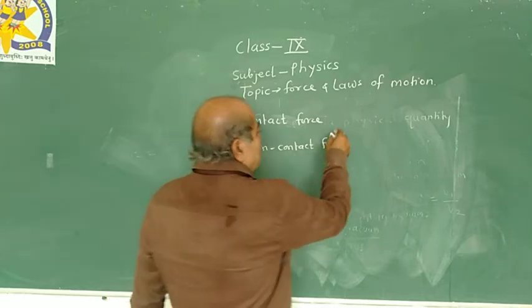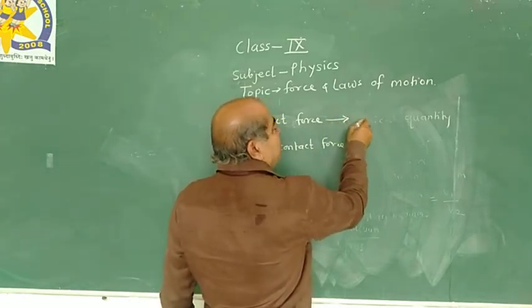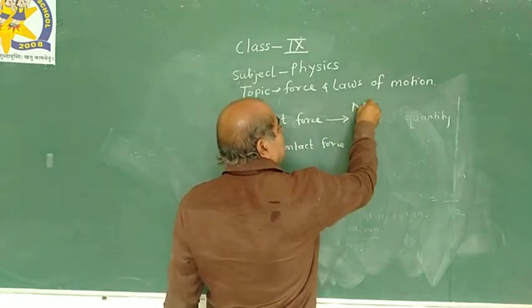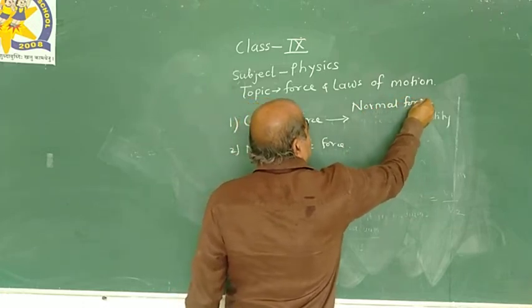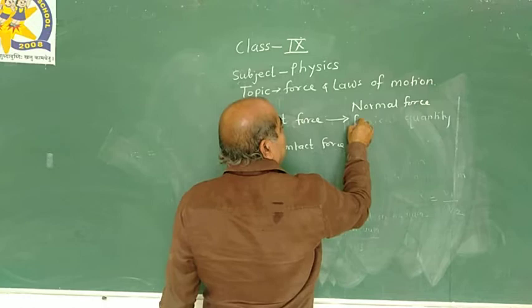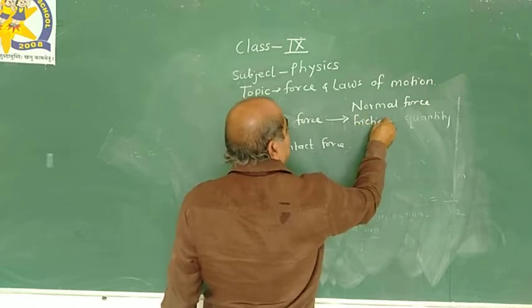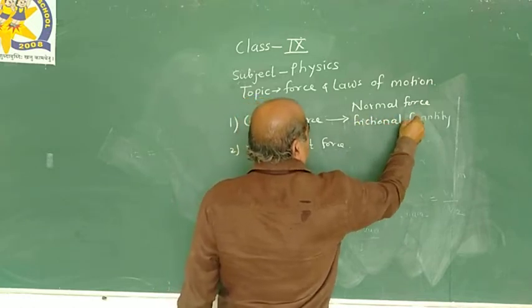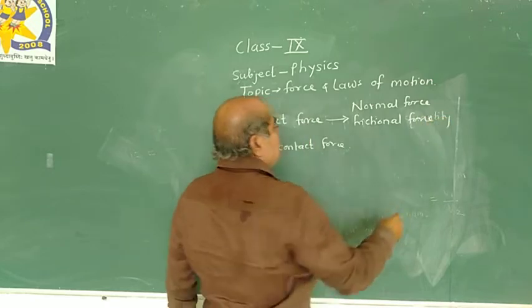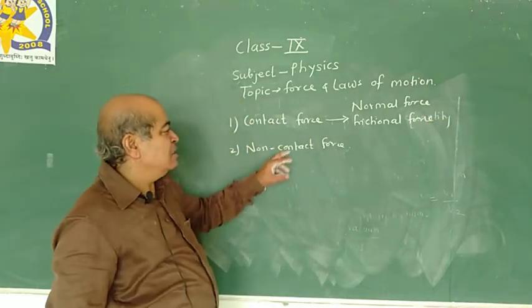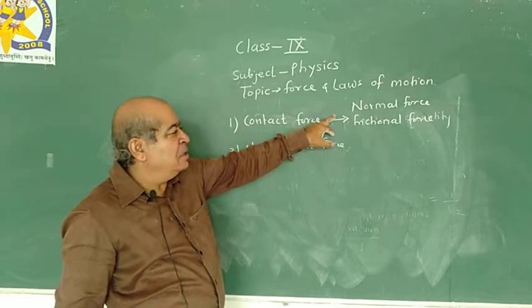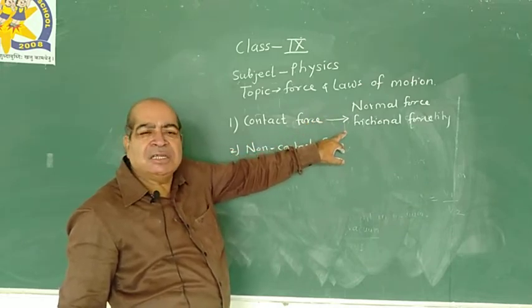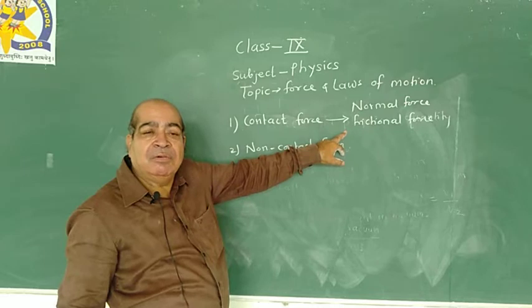And there are two types of contact force: one is called the normal force, and the second type is the frictional force. म्हणजे there are two types of contact forces, and one type is the normal force and the second is the frictional force आहे.